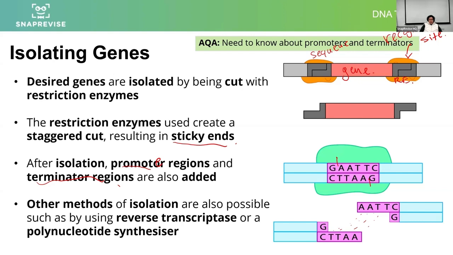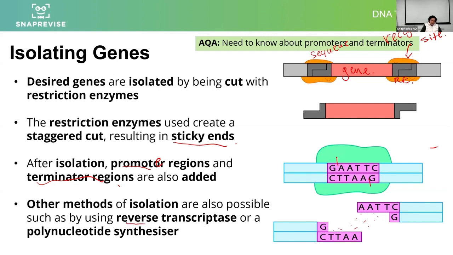Other methods of isolation are also possible, such as using PCR. Remember that we have our gene of interest, but PCR would only be suitable if my gene of interest is less than 1,000 base pairs long, so it's not always possible to use PCR. I can also use reverse transcriptase.